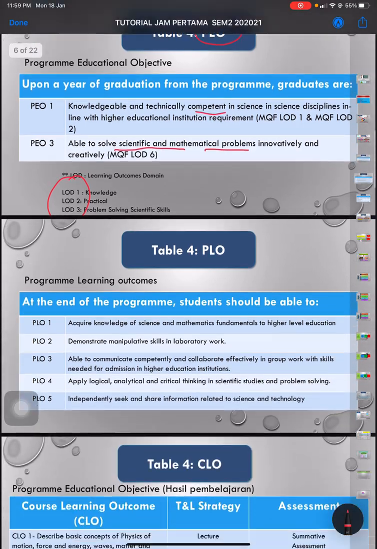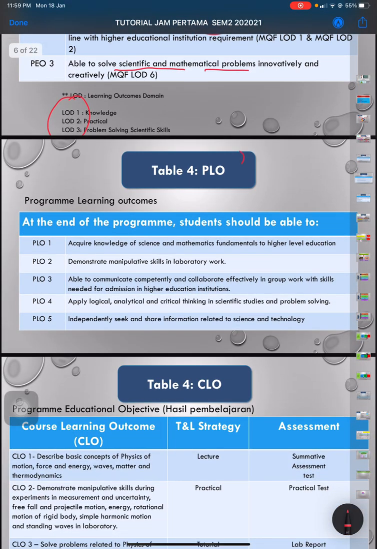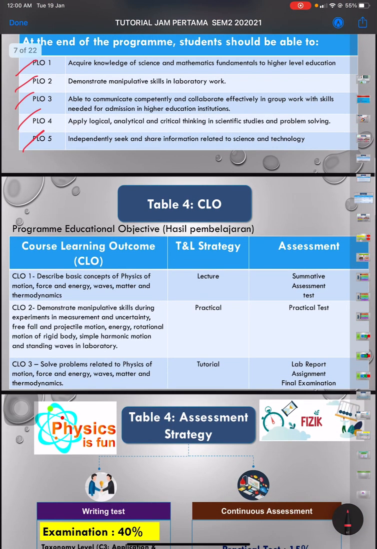Next is Table 4 for PLO scope. PLO means program learning outcome. We have basically 5 PLO. You can read by yourself. Next is Table 4 for CLO. CLO means hasil pembelajaran.